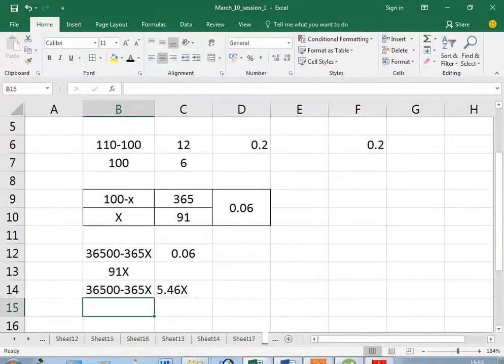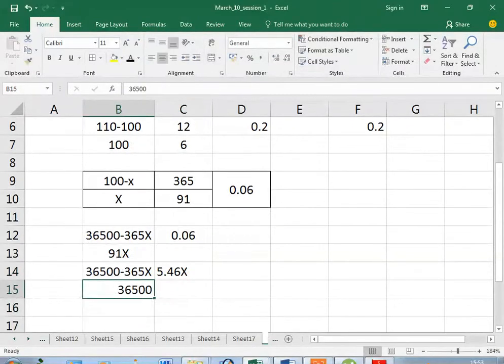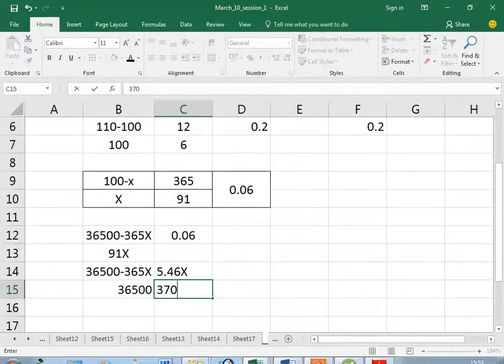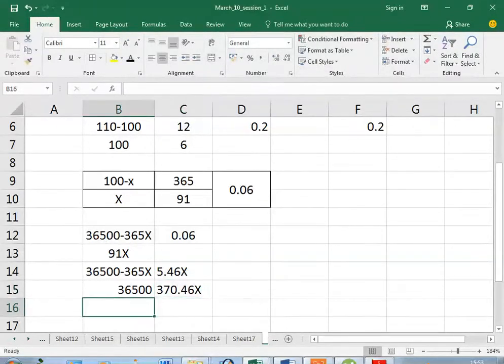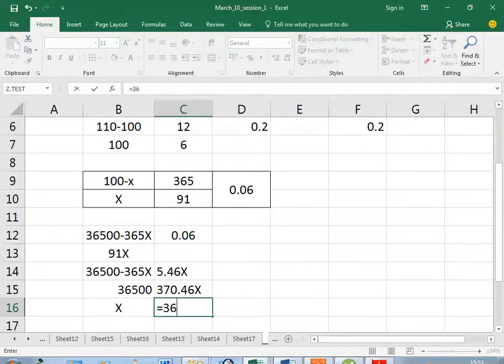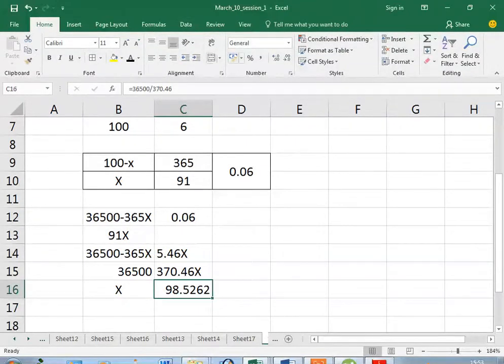Net, 36,500 is equal to 370.46x. X is equal to 36,500 divided by 370.46. 98.53. That's the issue price. So RBI should issue it at 98.53.